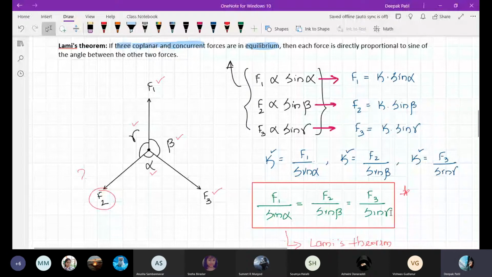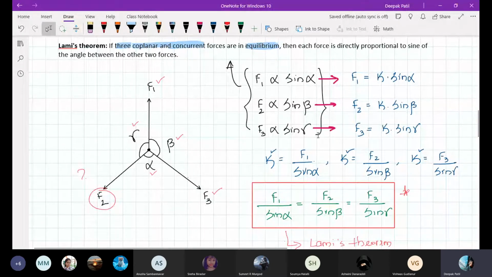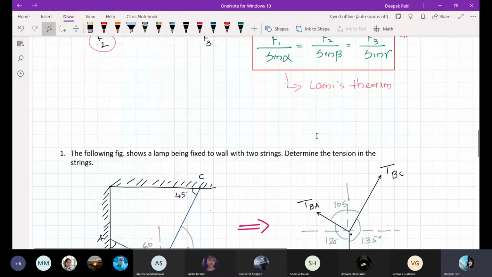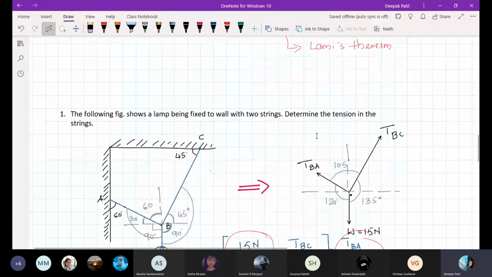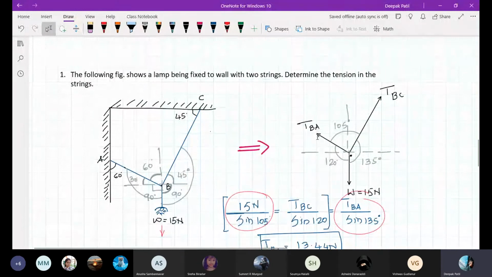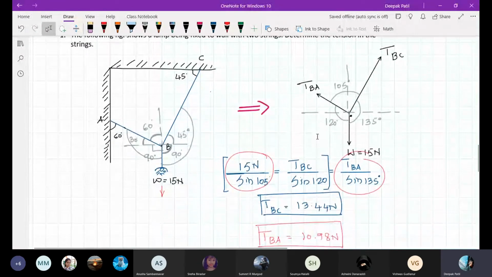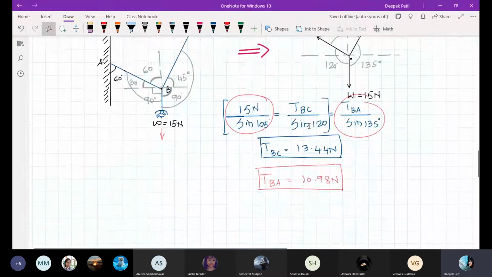But the easiness of Lami's theorem cannot be achieved, because using Lami's theorem you can get the unknown forces in a very shortcut method. We will also see in the next example where we cannot apply Lami's theorem and have to go for the equilibrium equations. This example I gave you to demonstrate how to apply Lami's theorem.